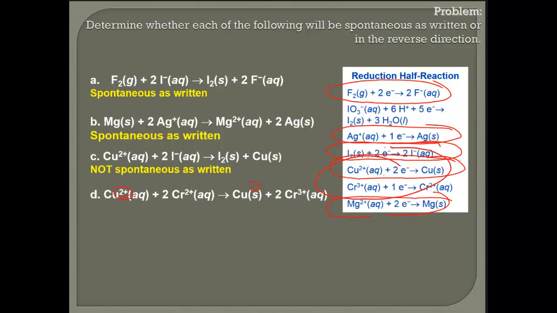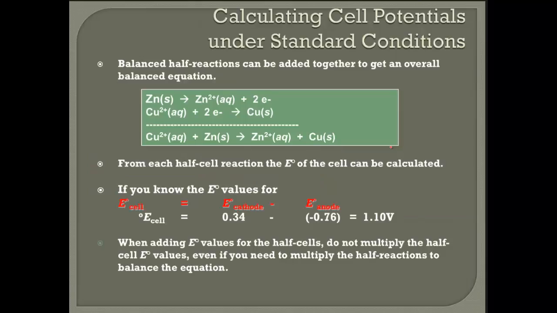Balanced half reactions can be added together to get an overall balanced equation. For instance, zinc yields zinc 2 plus and 2 electrons, while copper 2 plus plus 2 electrons is equal to copper solid. We can combine them and cancel out the 2 electrons.